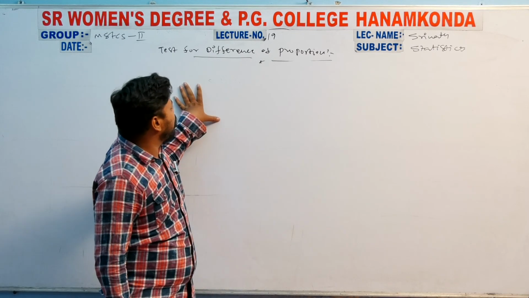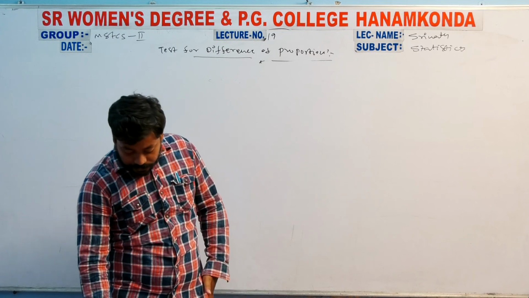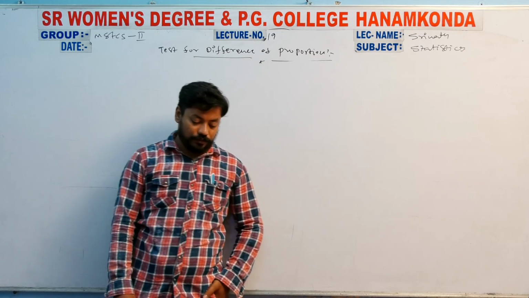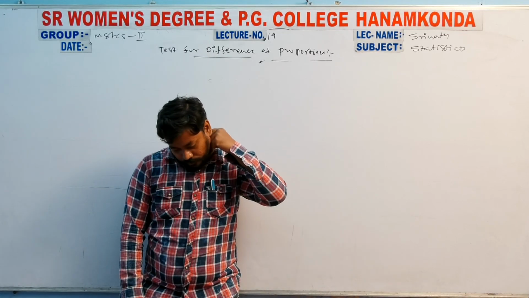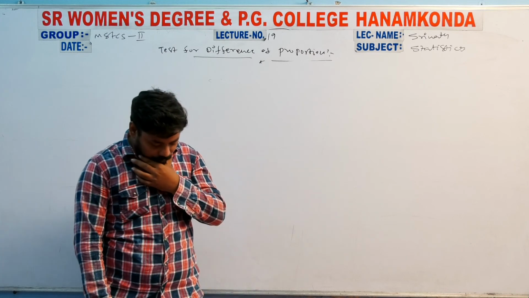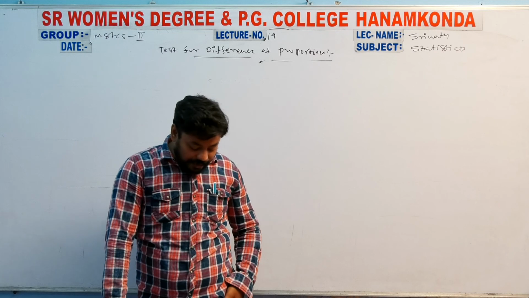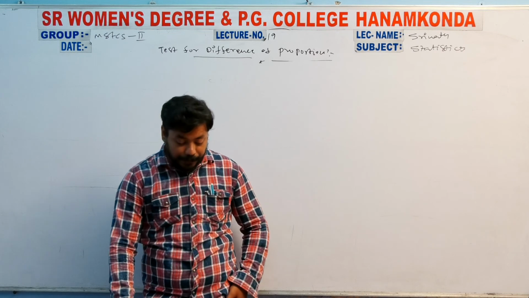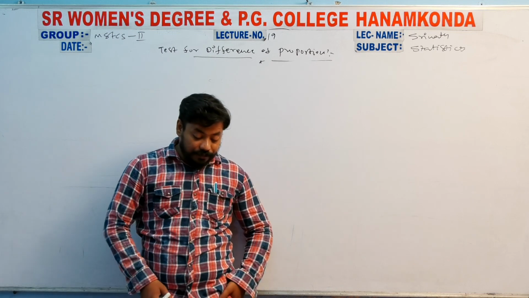So here, test for differences of proportion based on formula and problem. The problem is: a survey was conducted on TB patients in India.